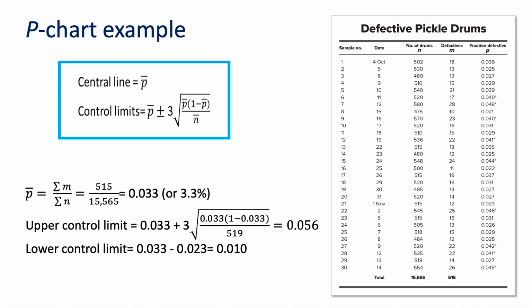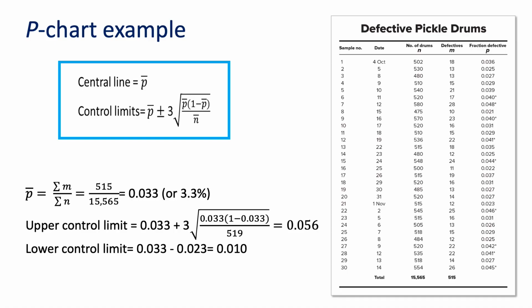To build a control chart for this, there are 2 main numbers that need to be calculated. One is the P-bar. It represents the average of all defect product percentages calculated for the entire month. The other one is the N-bar, which represents the average of drums produced every day.